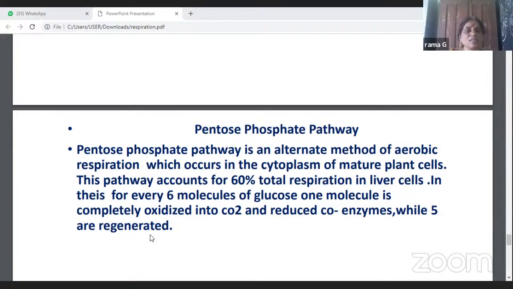Because glucose is a 6C compound. Out of 6, 1 carbon is utilized for oxidation, resulting in carbon dioxide and coenzymes, while 5 are utilized for the regeneration of oxaloacetic acid. So that's why it is called the pentose phosphate pathway.